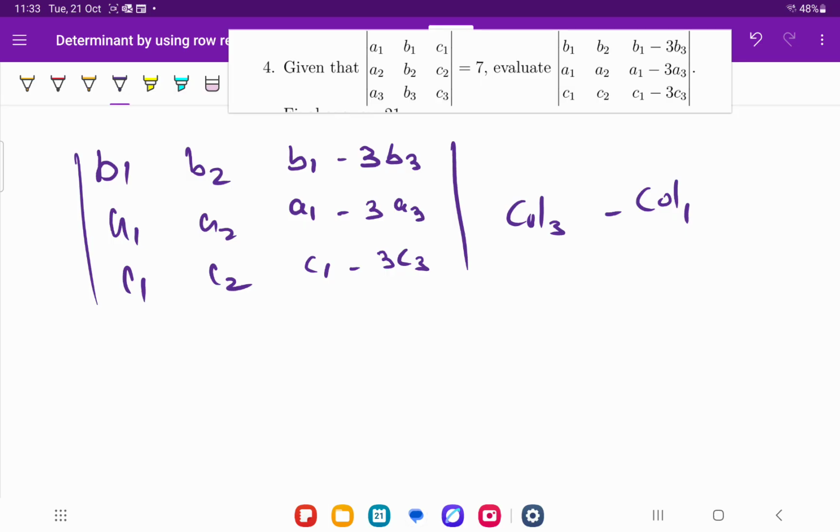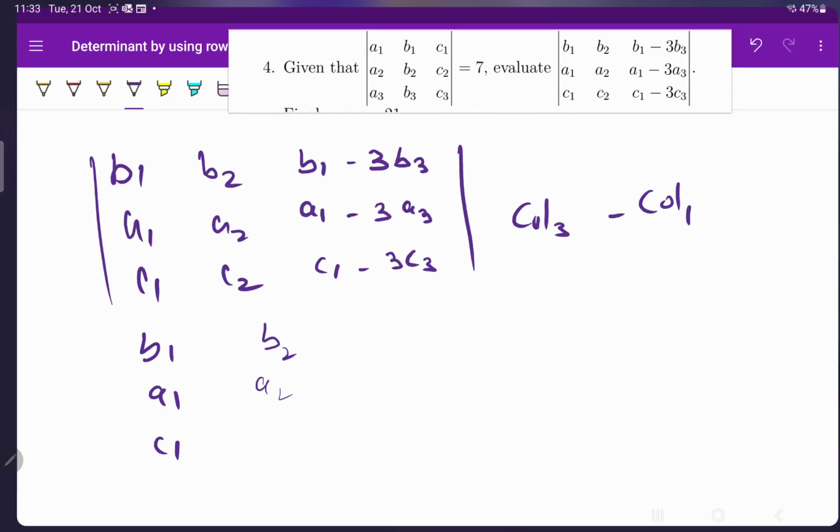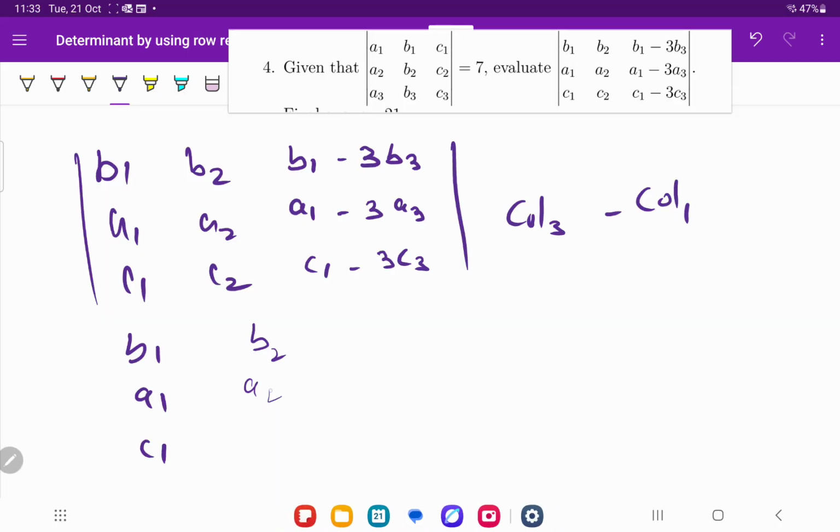So B1, A1 and C1 will remain the same, and B2, A2 and C2 will remain the same. And now the changing column is column 3.